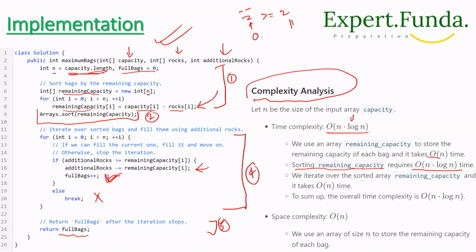And we iterate over the sorted remaining capacity array, which takes O(n) time. If we sum O(n) plus O(n log n), what will come is O(n log n). And we are taking extra space to store the remaining capacity, so the space is not constant, it comes to O(n).